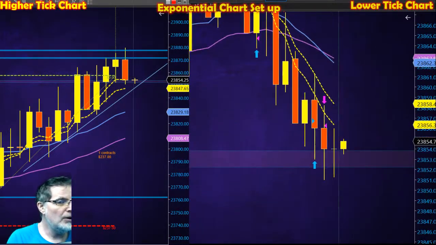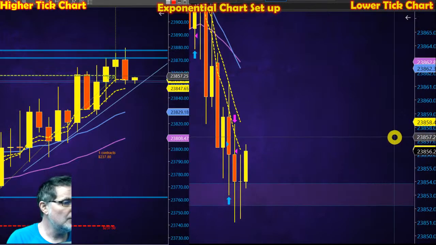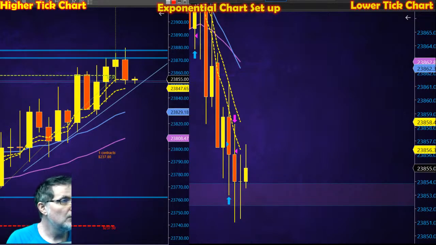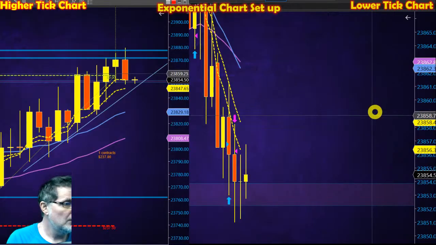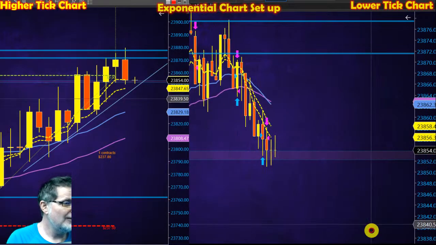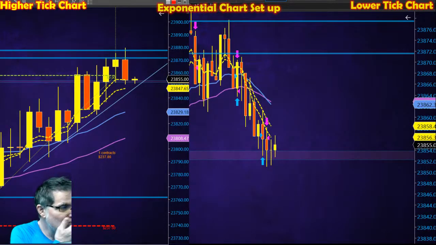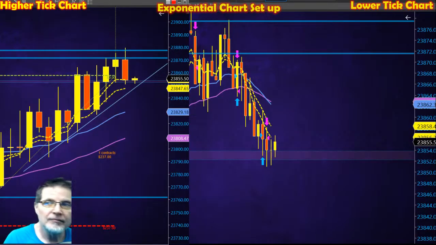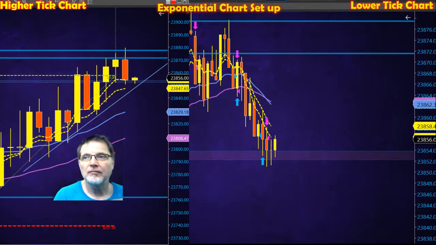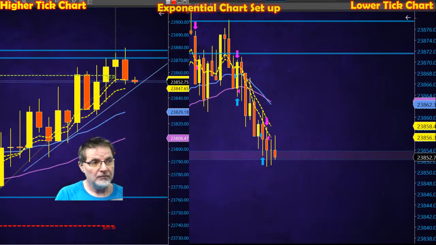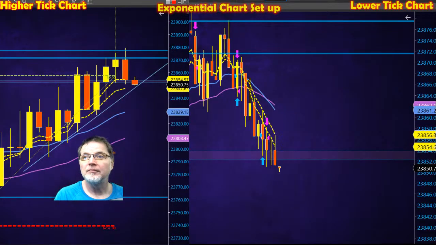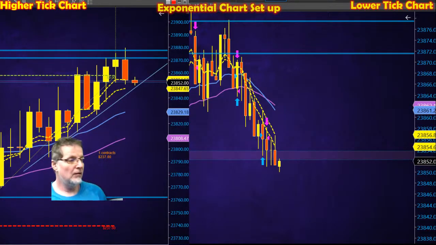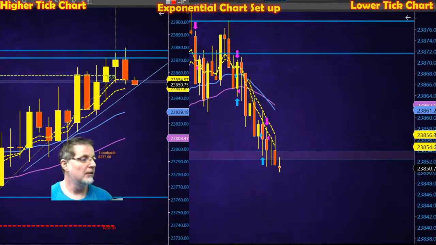If we get a 3-bar reversal right here, we might want to take this. Let's see if we get one.